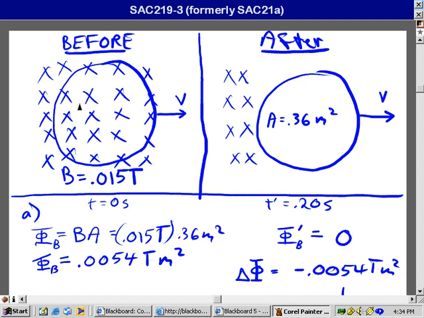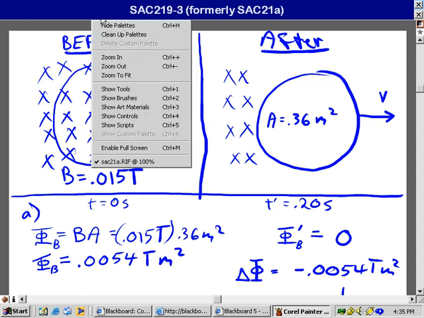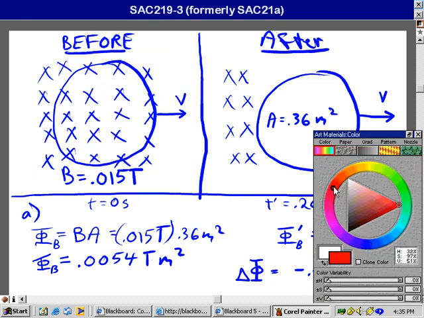Before we had a whole bunch of them in the downward direction. In the after picture we got none through it, so we're losing downward directed magnetic field lines. To make up for that, we need for the magnetic field produced by the induced current to be directed downward. So I call that B sub in, and it's in the downward direction.